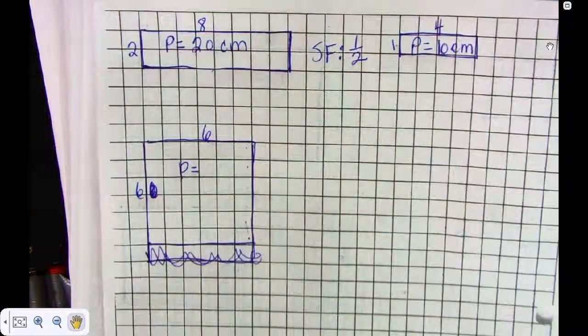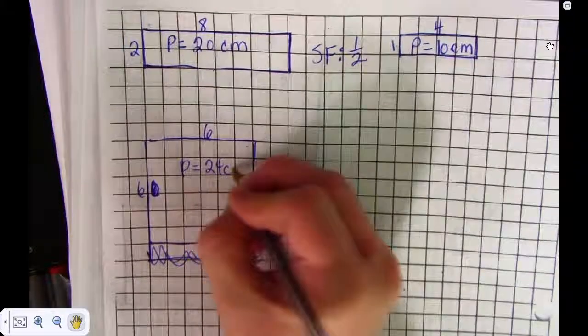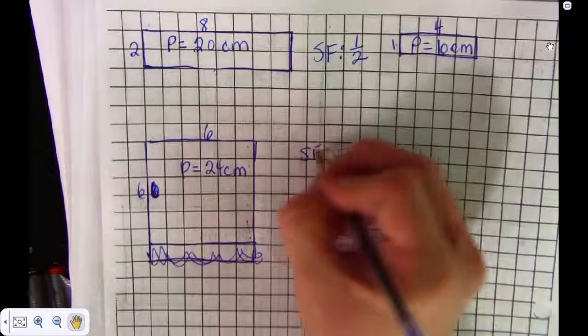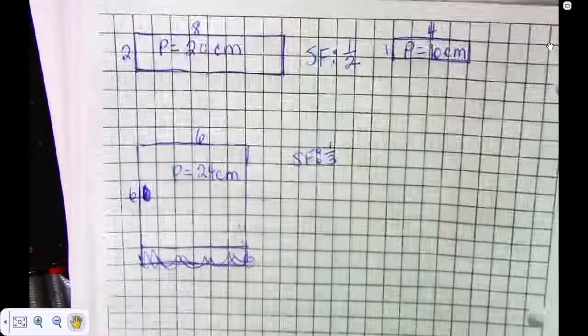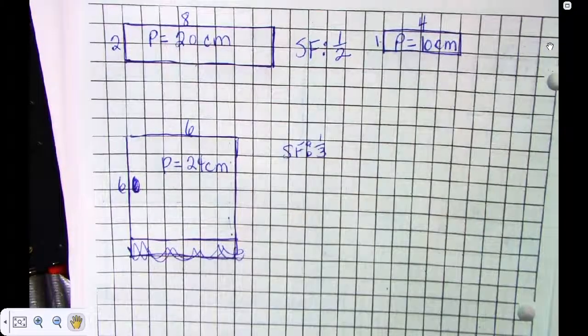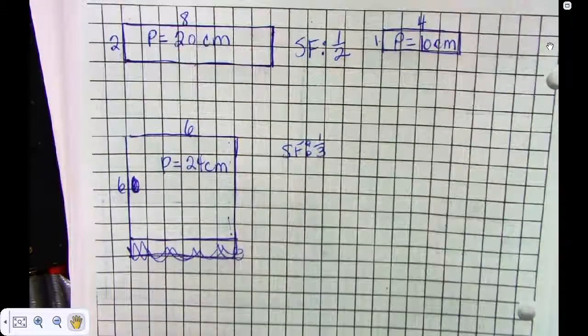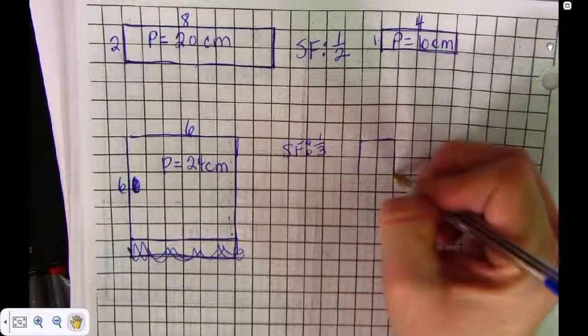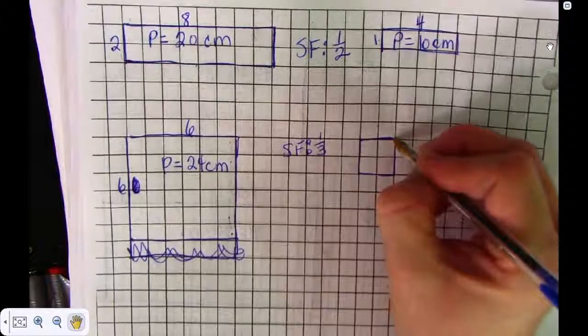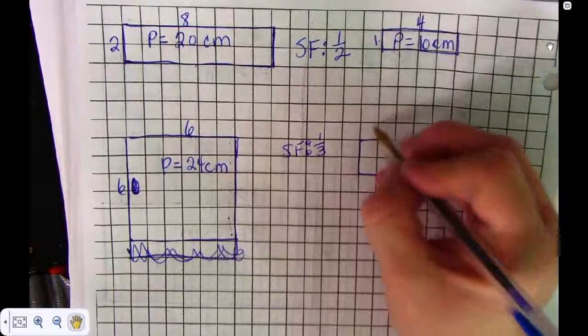What's the perimeter? 24 centimeters. Now I want the scale factor to be 1/3. So what are the dimensions going to be? 2 by 2. Where'd you get 2? 6 divided by 3 is 2.